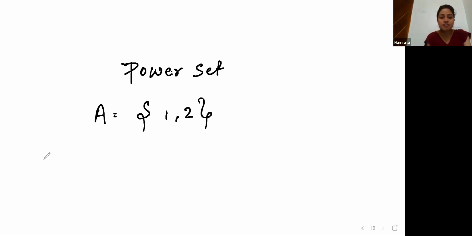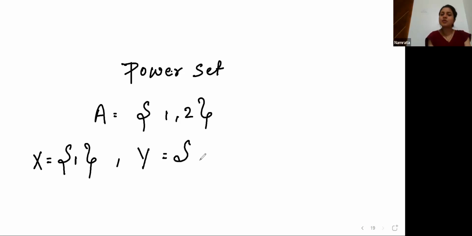If any set X has 1 in it, it is a subset of set A. If any set Y has only one element 2, then this is also a subset of the given set A. What exactly we are doing? We are listing down all the possible subsets of the set A.